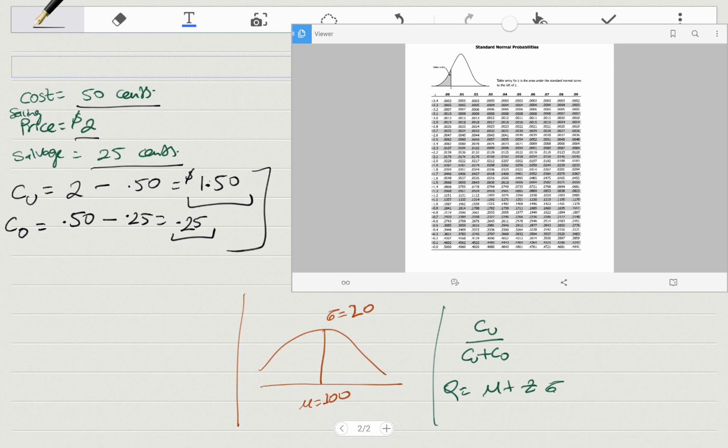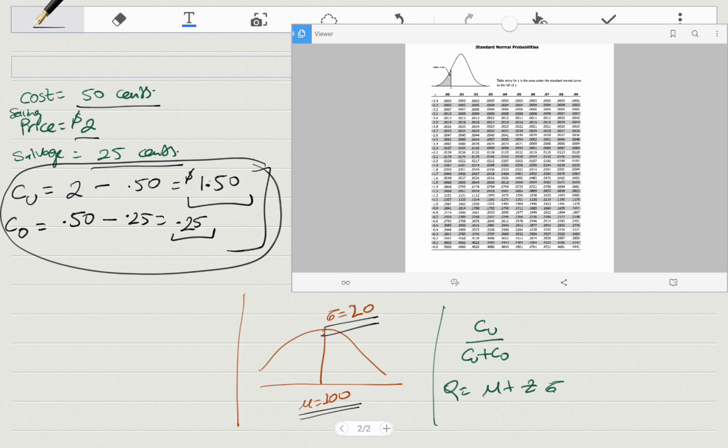For every problem, and that was the purpose of your whole statistics class, we see demand or a lot of random variables in terms of distributions. Suppose this guy knows that his demand follows a normal distribution with a mean of 100 and a standard deviation of 20. In the absence of this information, you would go with the mean of 100.